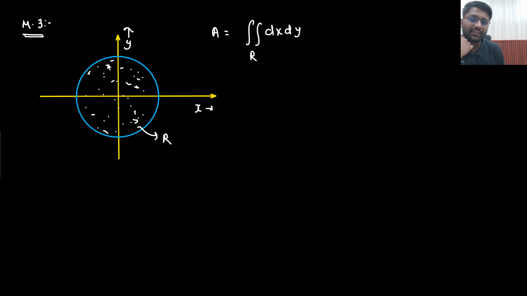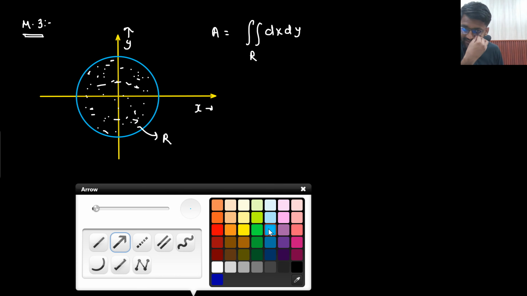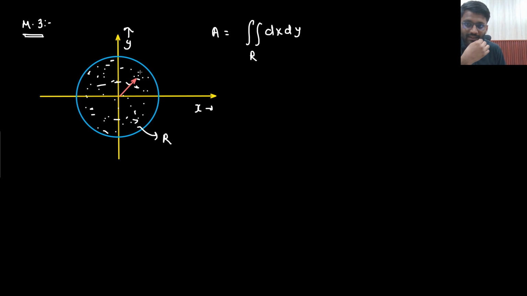When I am moving on this disk, I am moving in the direction of r as well as in the direction of theta, right? When you move in the direction of theta, how much do you move? r d theta. And when you move in the direction of r, how much do you move? dr. So I told you dx dy can always be replaced with r dr d theta.